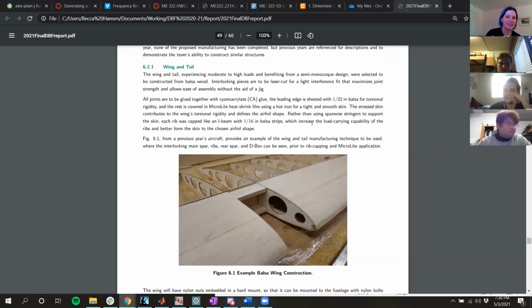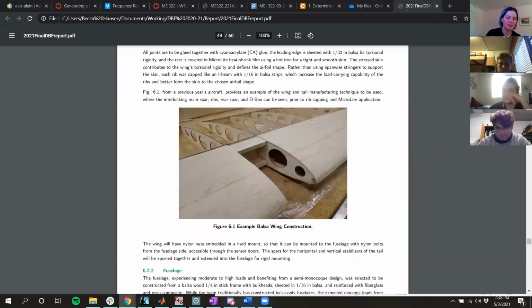Okay, so where are we at? Do we want to size the wing? I've got a question. We don't put balsa wood over the entire wing, we just put it on the front leading edge, right? If you really wanted to, you could do the whole thing. How are we going to do control surfaces?